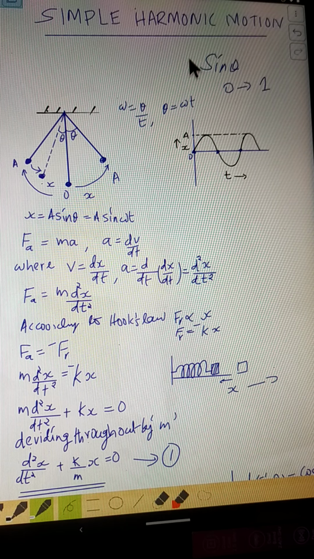We know that if we use the trigonometric function sine theta, suppose this is the graph of the sine function, and this is time, and the displacement, suppose we consider it like this, the maximum value of x is the amplitude. If you start from here, 0 with reference to the equilibrium point, x increases to the maximum value, the displacement, and then it comes back to 0, back to the equilibrium point.